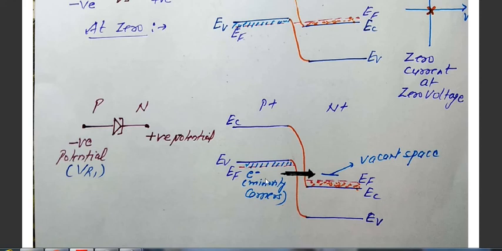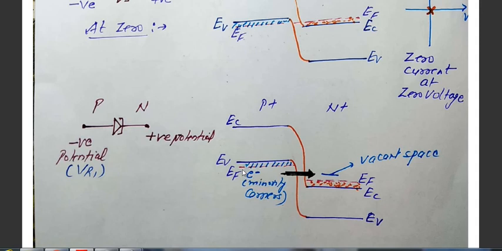As we have connected the negative potential to the P side, the overall average electron energy will increase as compared to the N side. So in the energy diagram the quasi Fermi level will be at a higher level on the P side.